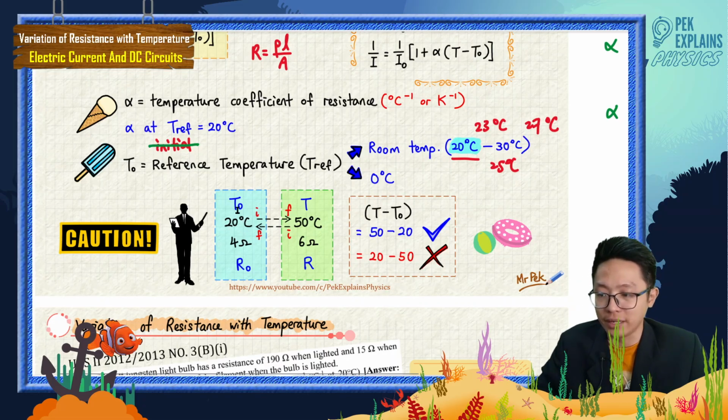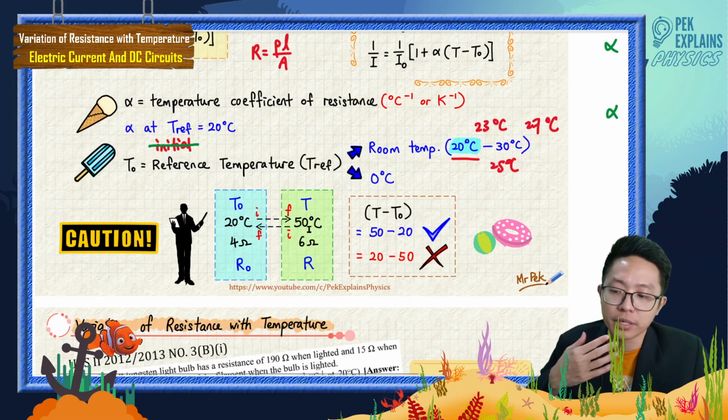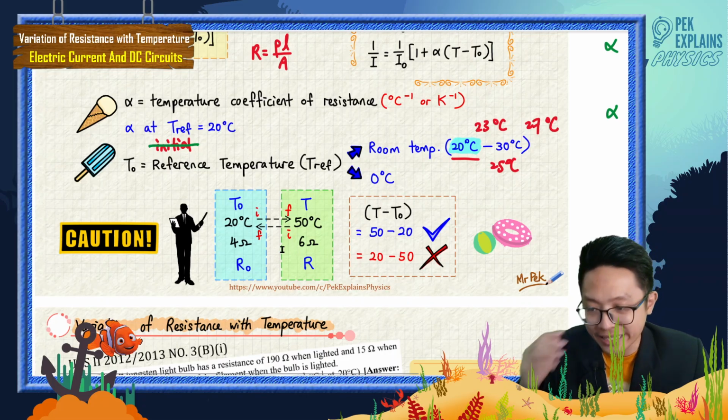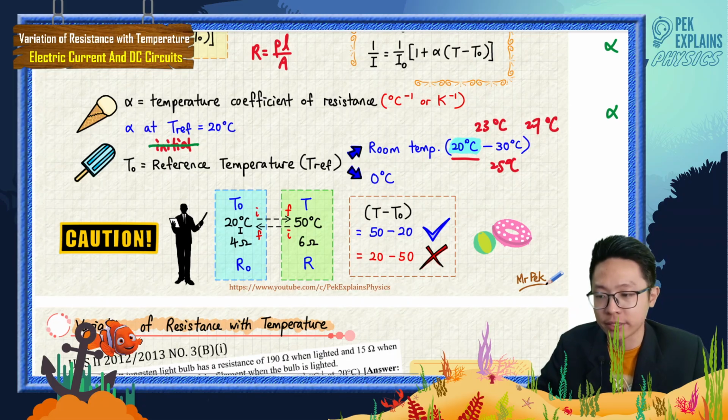Because this T naught is not about the initial temperature. You cannot say, oh, my initial temperature now is 50, so I minus 50. That is wrong. You cannot do it like that. It is still 20 degrees Celsius as the reference temperature. As I said, you must choose this value only.